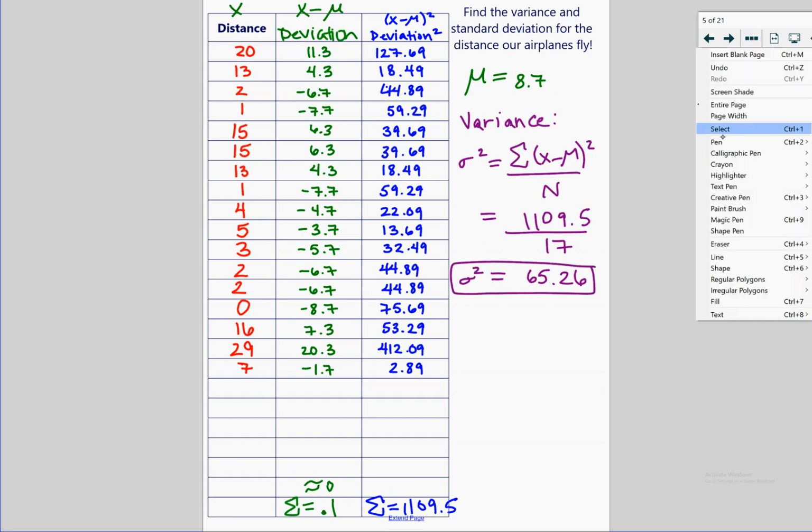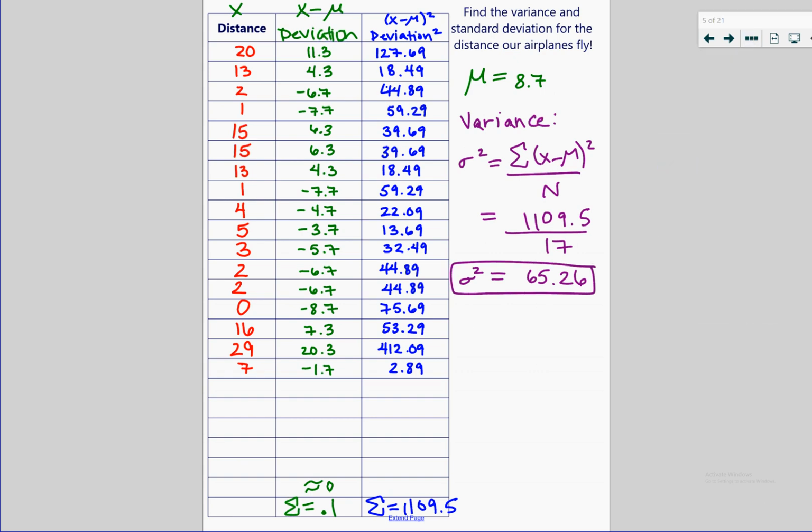Next step is our standard deviation. To get our standard deviation, it's just sigma. It's just the square root of all that stuff we just did. Because we just did all that stuff, it's just the square root of 65.26.